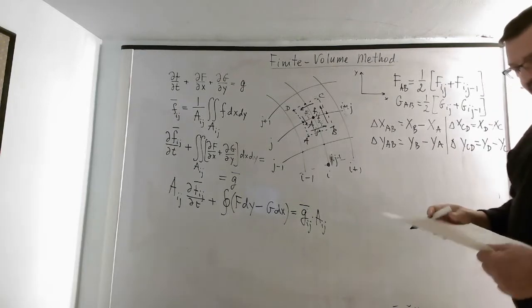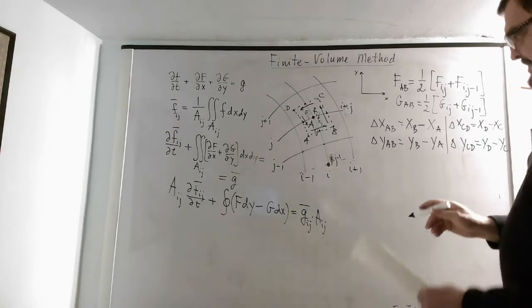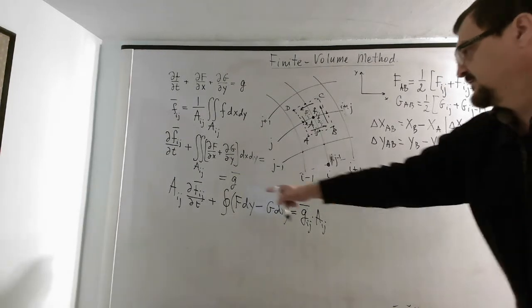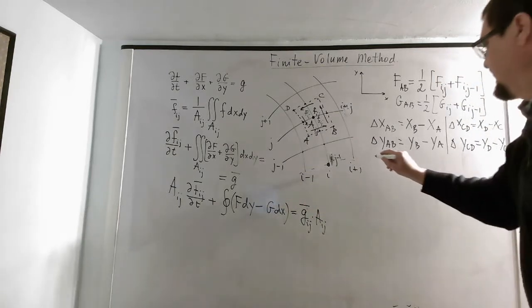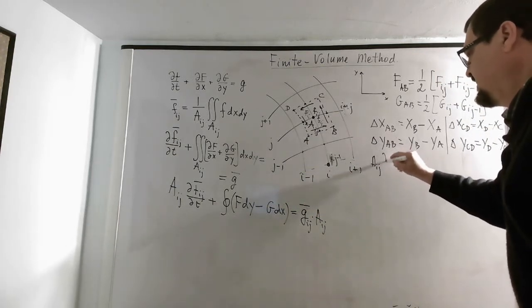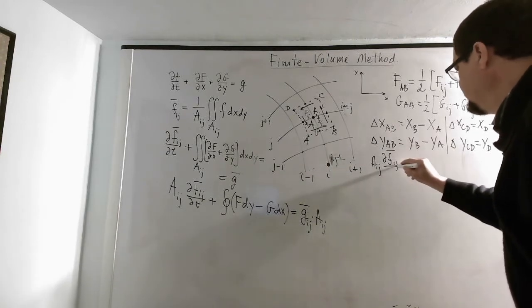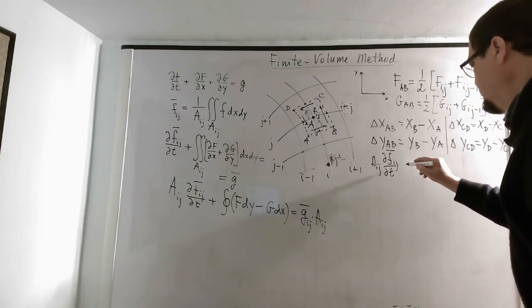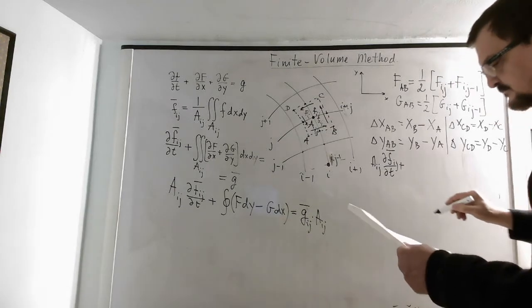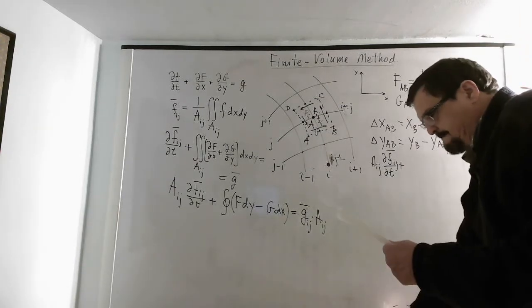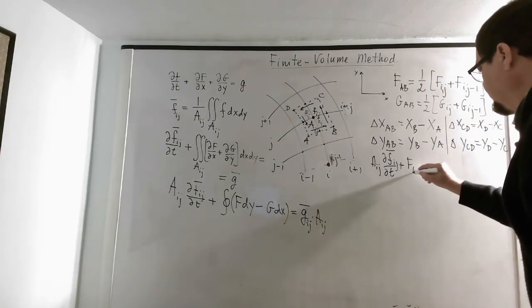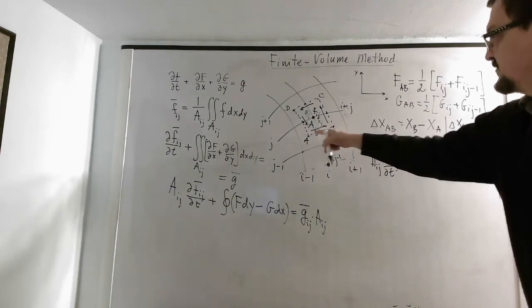Okay, so now you can actually write this statement as Aij dFij average dt plus FAB. So we take this one.